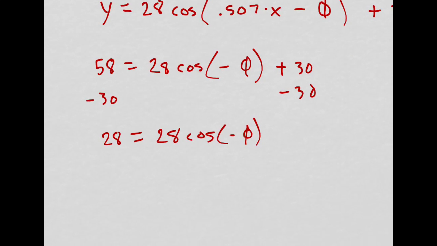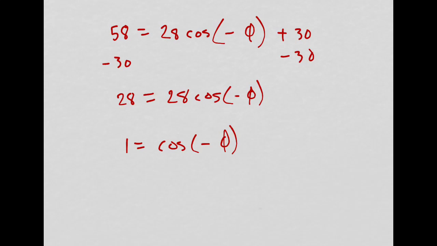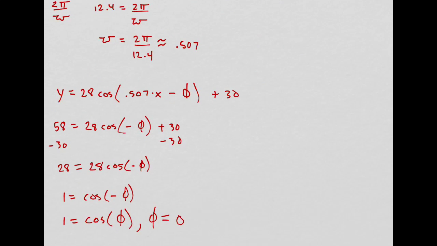And divide by 28, and I just get 1 equals cosine of negative phi. So when does cosine equal 1? Well, that's just when phi is 0. So there we go. That is actually our equation.